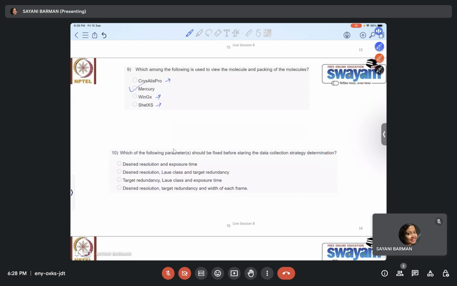I guess it is the second one: desired resolution, Laue class, and target redundancy.